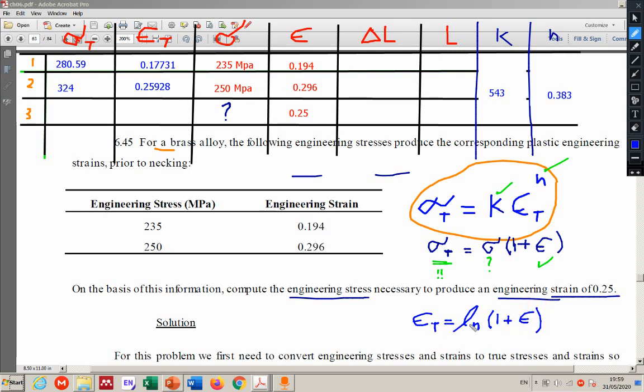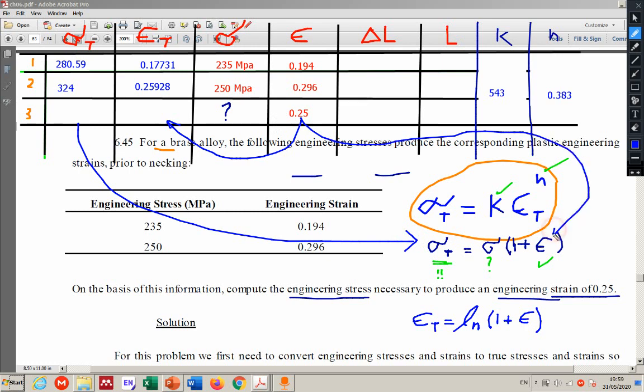So true strain is equal to ln 1 plus engineering strain. Now, I have 0.25, so I can convert this one to true. Then I can use the true strain with the N and K that I have to find the true stress. Then I can bring the true stress inside here with this engineering strain. Then I will find the required part of the question.